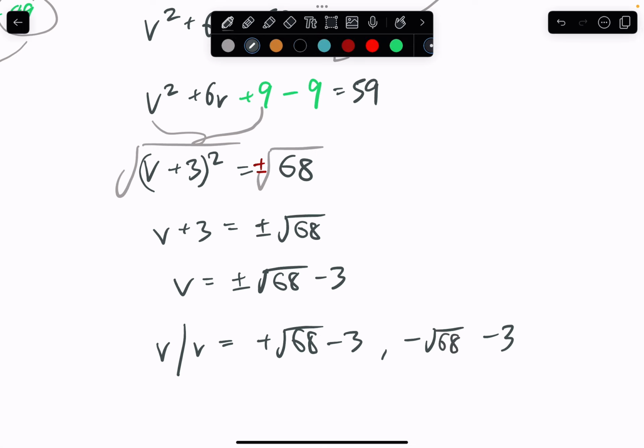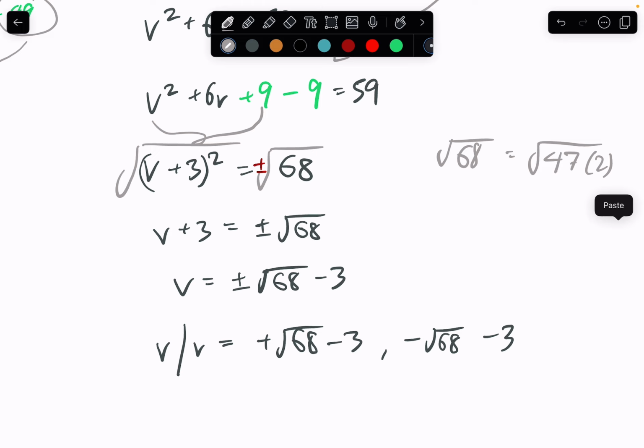But before proceeding here, let's simplify the square root of 68 first. How do we simplify that manually? We have definitely not 3. 4. 17 times 4, and the 4 becomes 2 raised to 2.